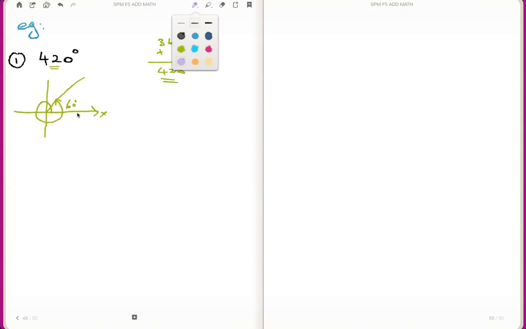So first step is you find out where's the location of this angle. So sine 420 will be equal to sine 60. Then you use a calculator and find out what it is. Cos 420 will be equal to cos 60.